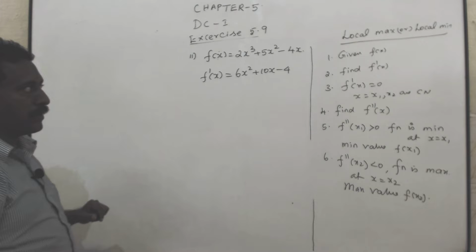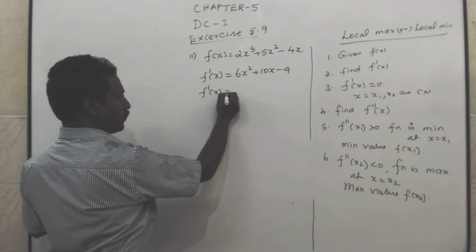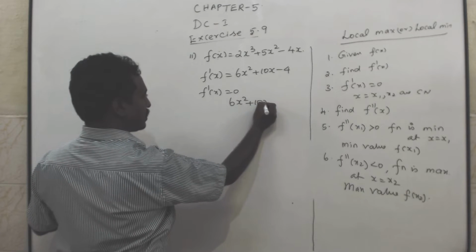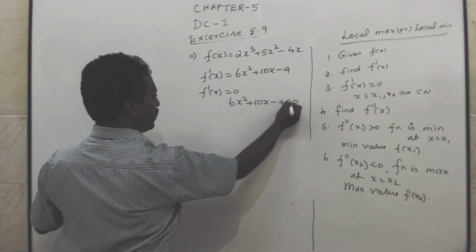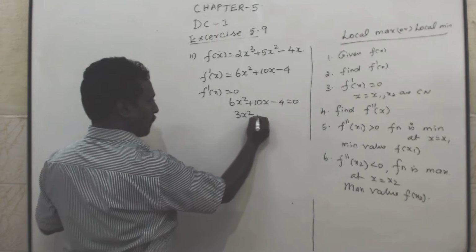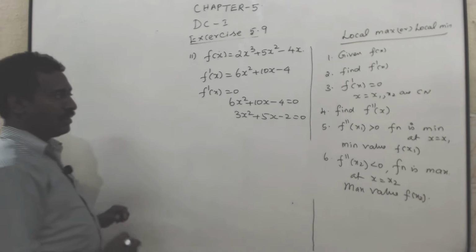What is the next step? f dash of x equal to 0: 6x square plus 10x minus 4 equal to 0. Divide by 2: 3x square plus 5x minus 2 equal to 0.